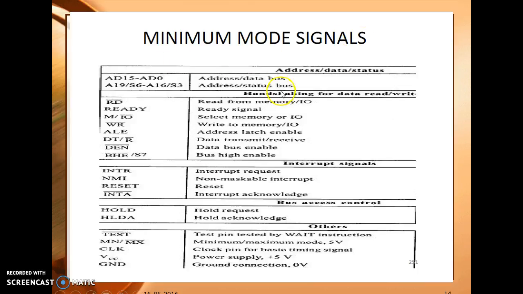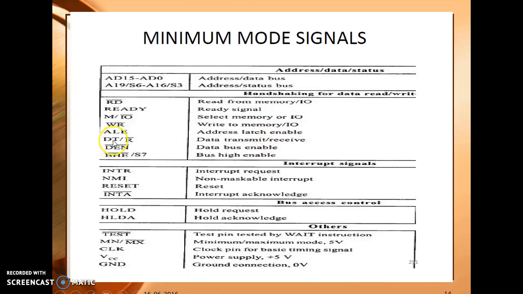So these are the minimum mode signals. AD0 to AD15, A16 to A19: address as well as data bus, address as well as status bus. RD bar, read from memory as well as IO device. Ready signal. M/IO bar, select memory or IO device. WR bar, write to memory or IO device.